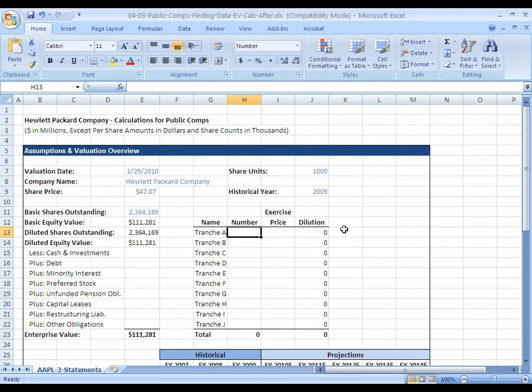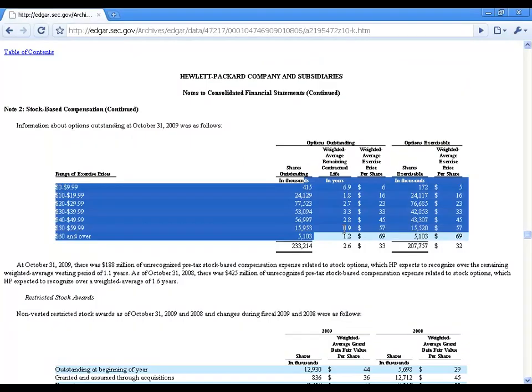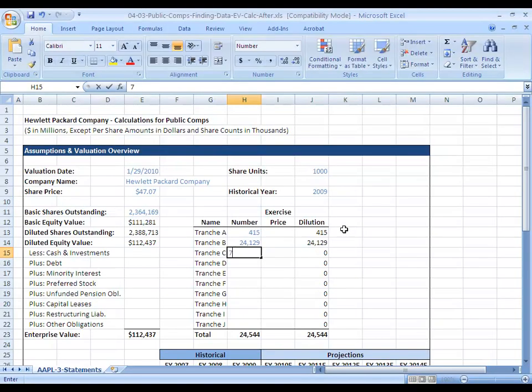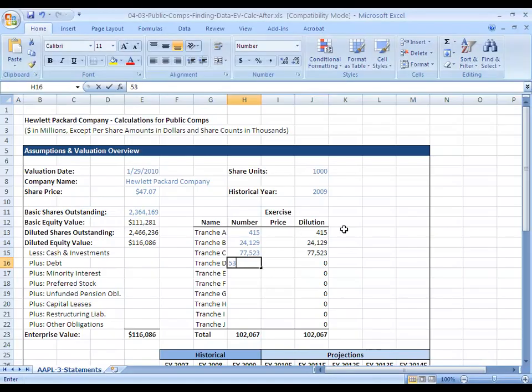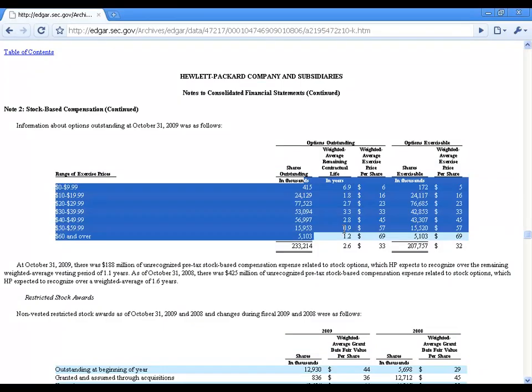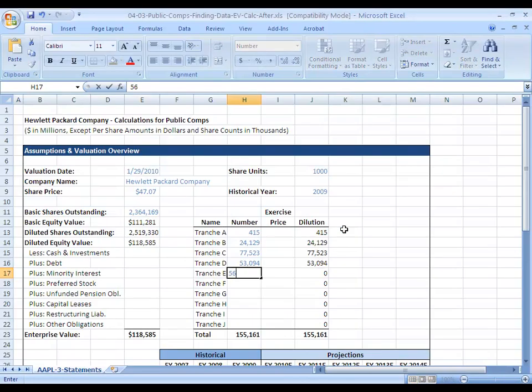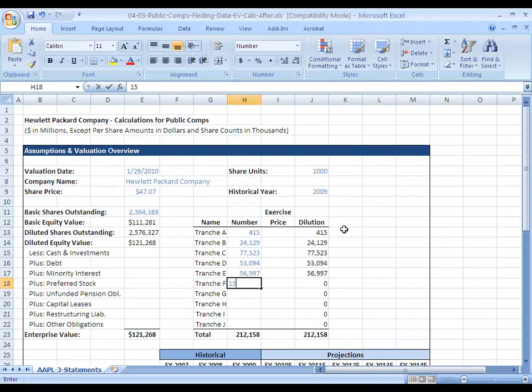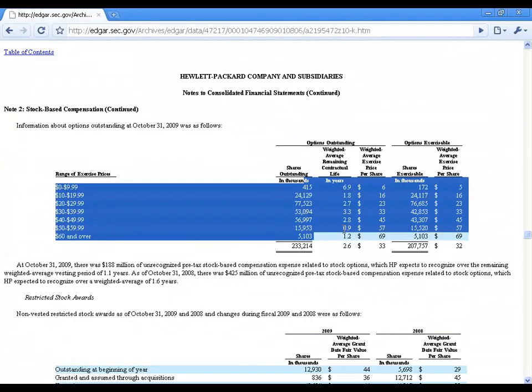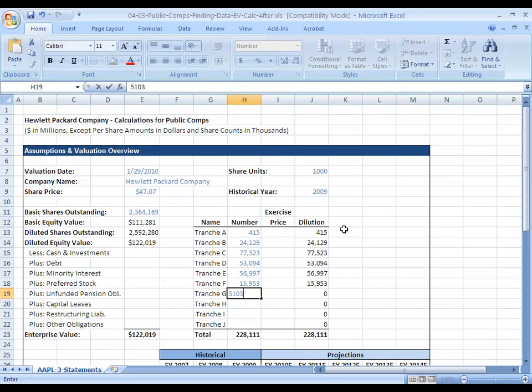So let's enter 415, 24129, 77523, 53094, 56997, 15953, and then 5103. So we have those.